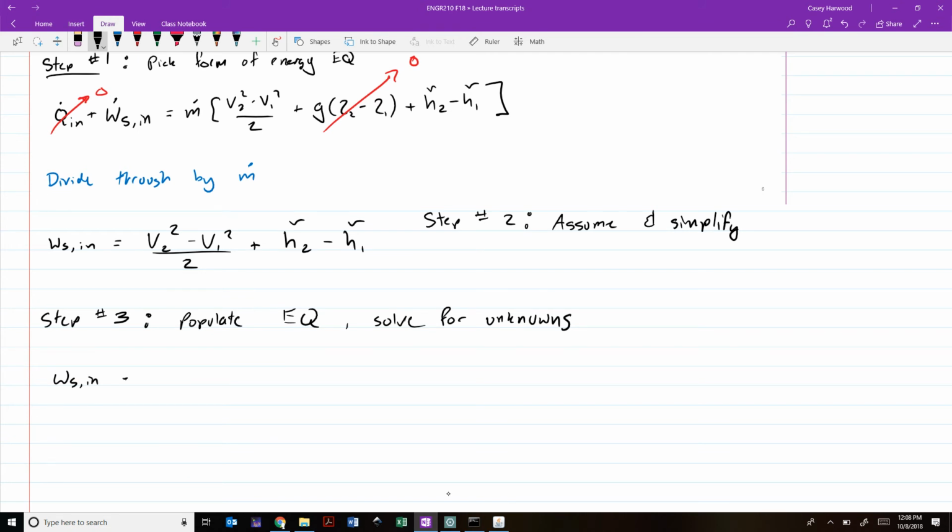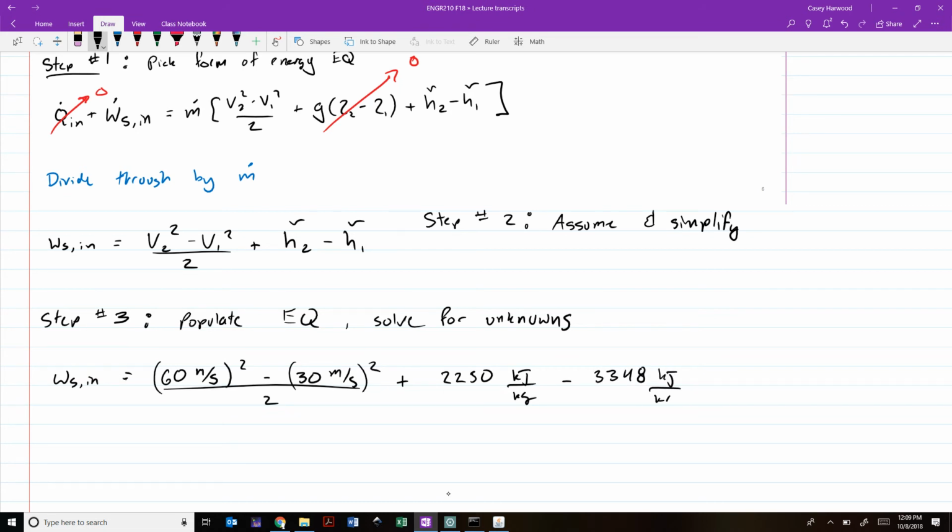Okay? So if we just plug in values, w shaft in is equal to V2, which was given as what? That one was 60 meters per second. 60 meters per second squared minus 30 meters per second squared, over 2, plus 2250 kilojoules per kilogram minus 3348 kilojoules per kilogram.